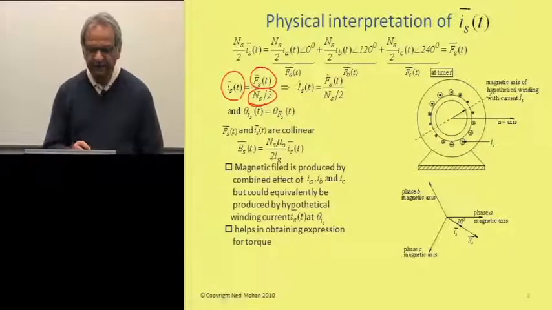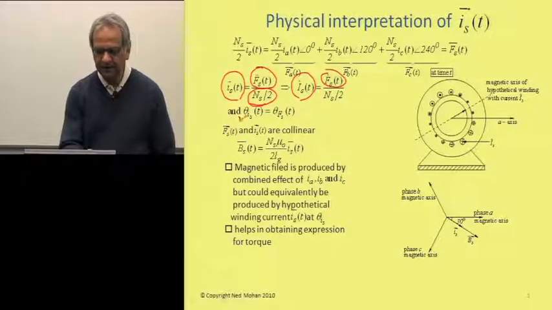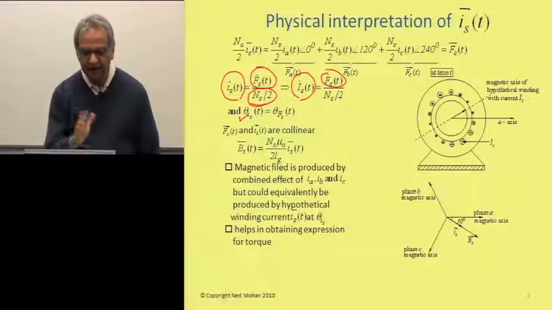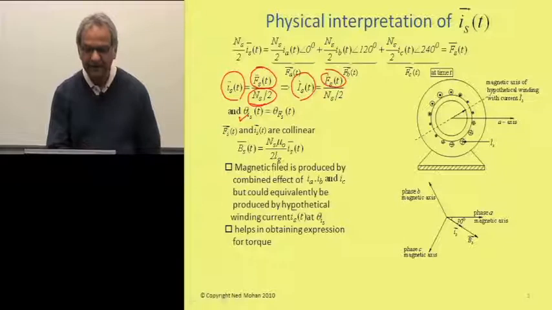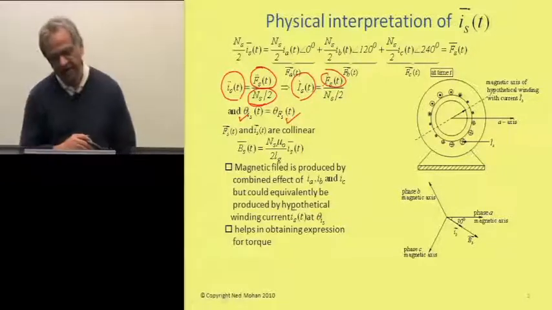And similarly, the amplitude of the stator current space vector is related to the amplitude of the MMF space vector, and the angle at which this current space vector lies at any instant of time is the same as the angle at which this MMF space vector would lie.